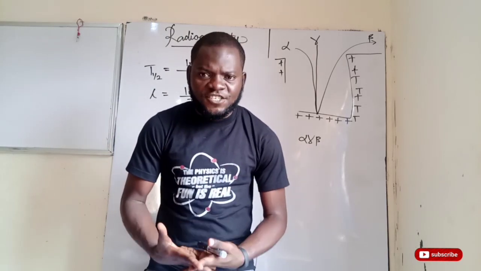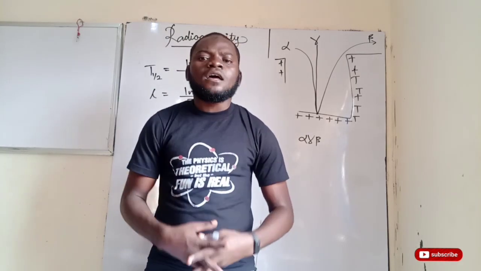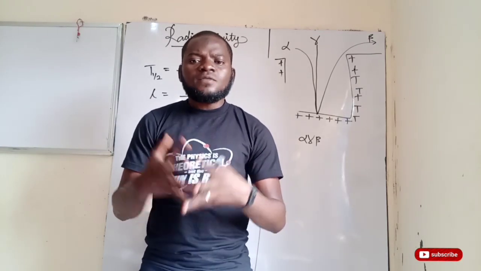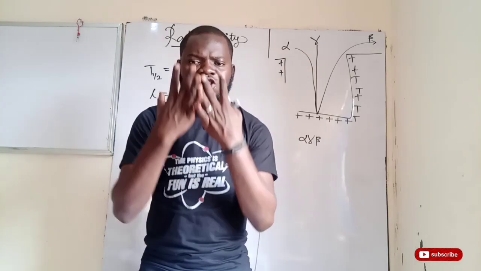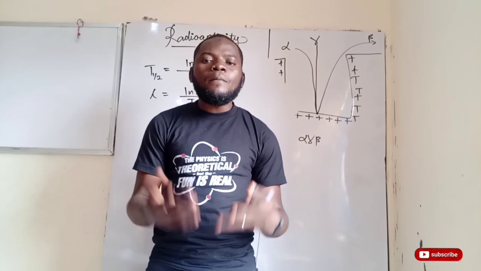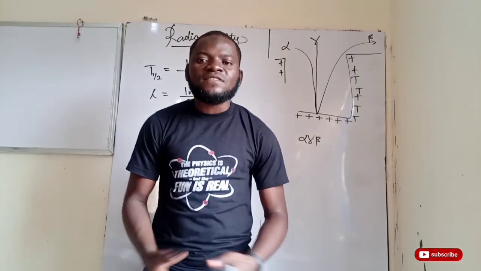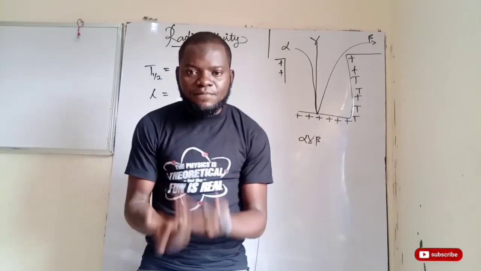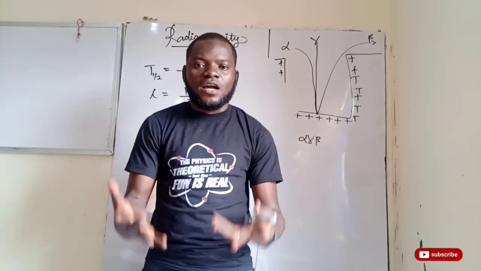I may now ask you to predict the time that it will take the biscuit to reduce to 2. Calculate the time. Or I ask you how many biscuits will remain after 2 hours? After 3 minutes, how many biscuits will remain? How can you calculate that?